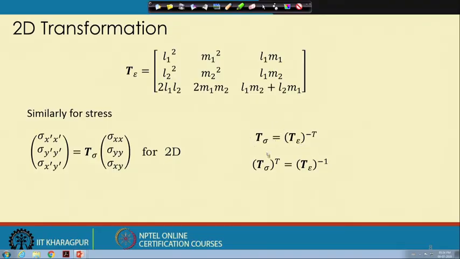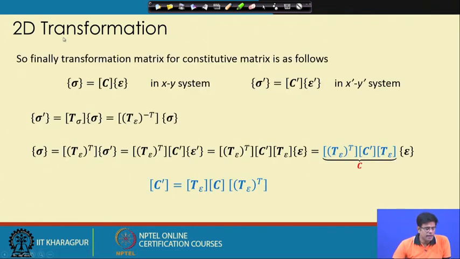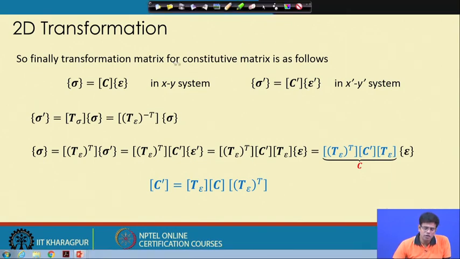Essentially that is not a rotation matrix. So T sigma and T epsilon are not rotation matrices, but they contain the components of the rotation matrix. So finally, the transformation matrix for the constitutive matrix is as follows.